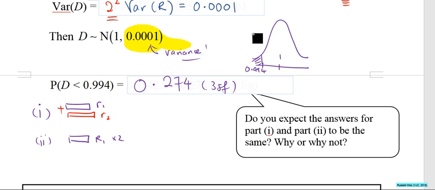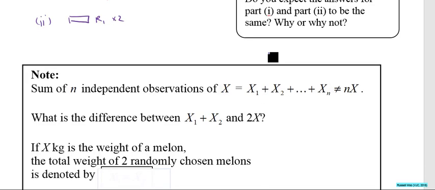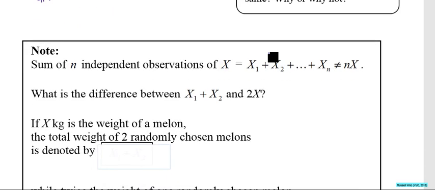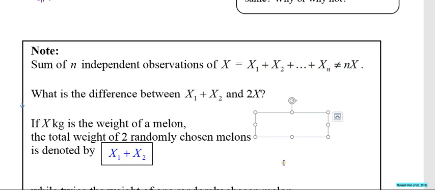So how do we make the distinction? This is important now. What is the difference between x1 plus x2 and 2x? For example, x is the weight of one melon. The total weight of two randomly chosen melons is x1 plus x2, because I randomly choose one, and I pick another one, and I add them together.